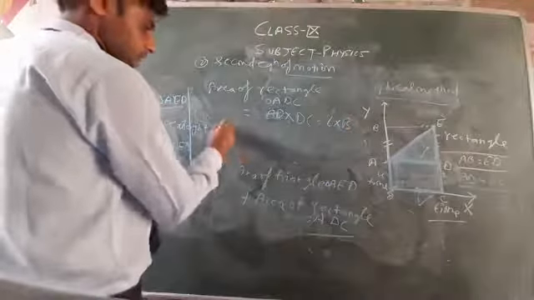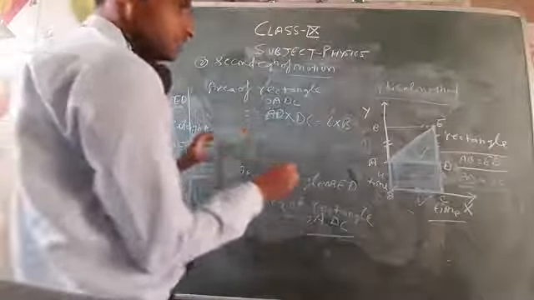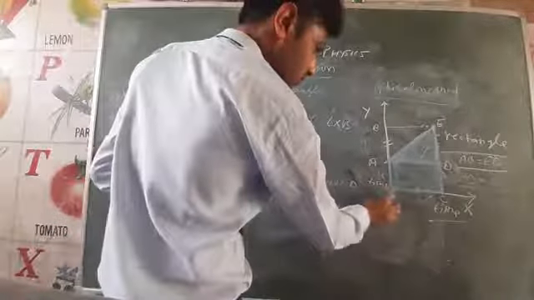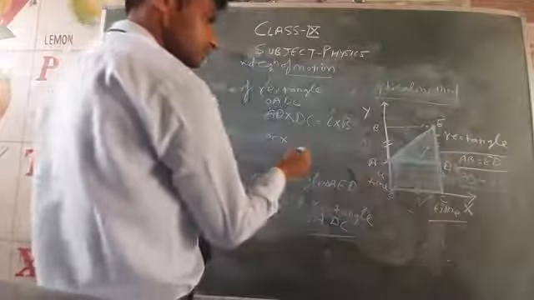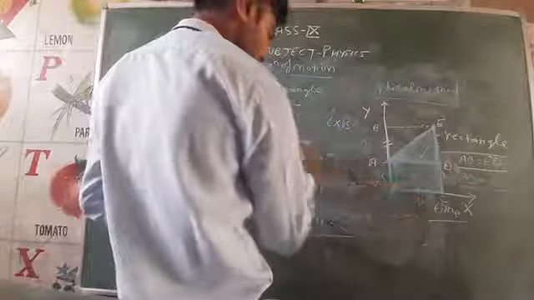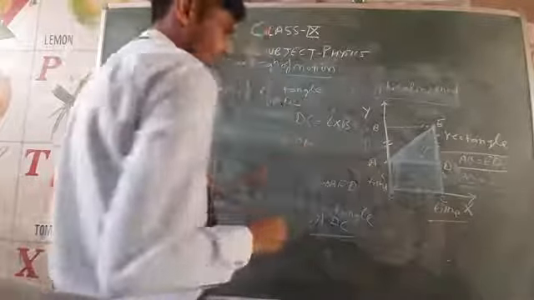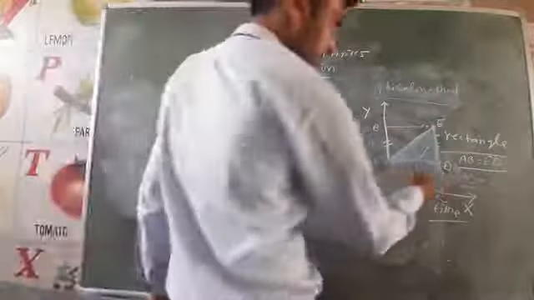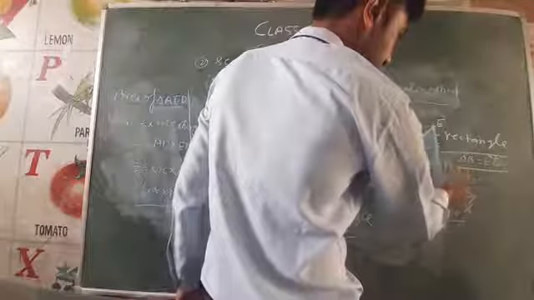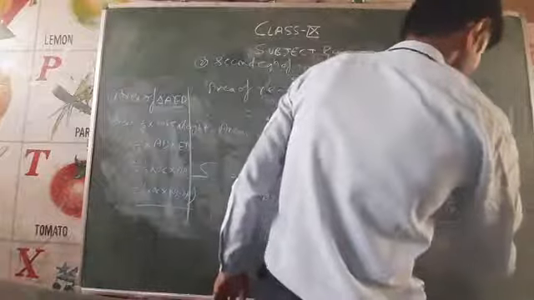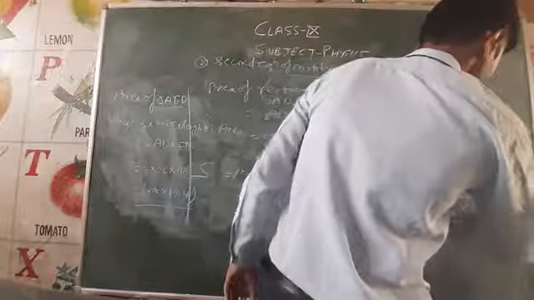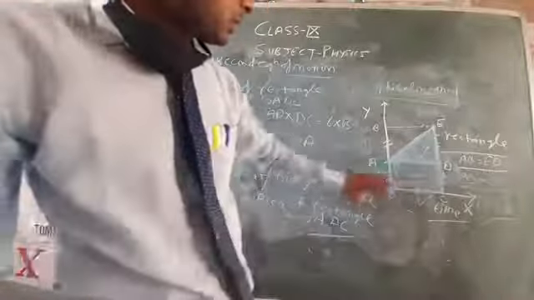Okay. So in this area, AD is equal to OC and DC is equal to OA, because this is a rectangle, and in a rectangle the opposite sides are equal.